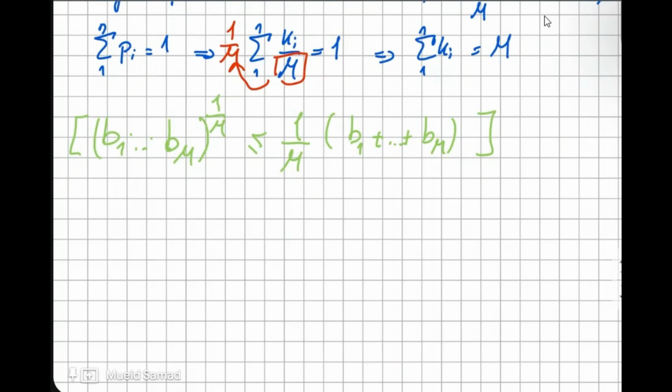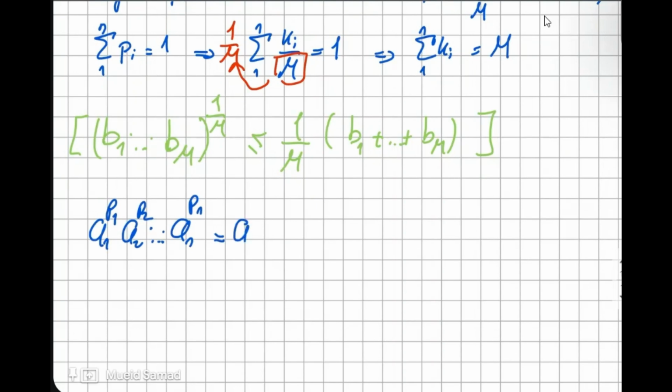Now let's write our left-hand side of the inequality: a1 to the power of p1 times a2 to the power of p2 times an to the power of pn. Well, we want to rewrite these p's.